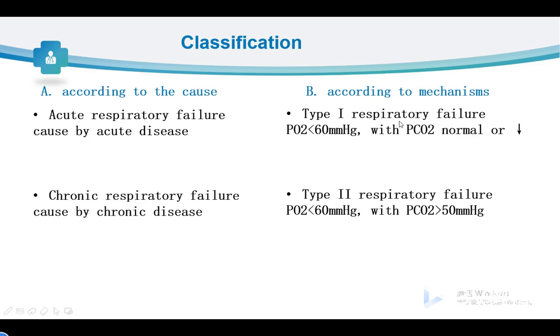The type 1 respiratory failure is caused by the abnormality of the oxygenation, and the type 2 respiratory failure is usually caused by the abnormality of the ventilation. Now, think about this question. Which method do you think is important for us? A or B or both?